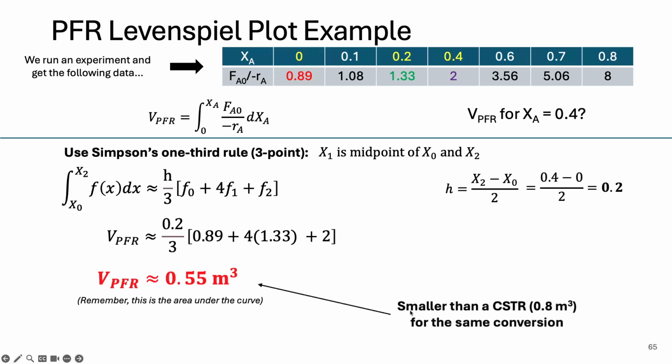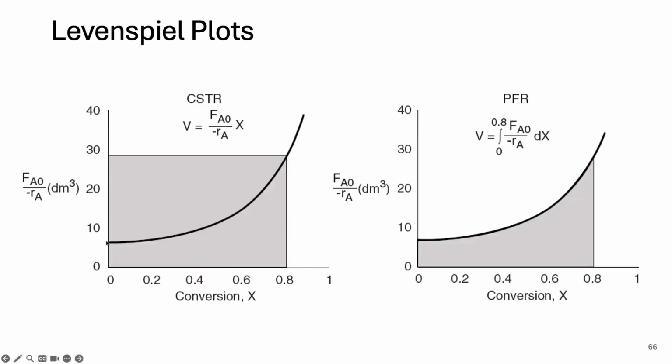Notice that this is a little more than half of the volume required of the CSTR to achieve the same conversion. So generally, when our kinetics follow this type of relationship, the volume of the PFR is going to be less than that of the CSTR.